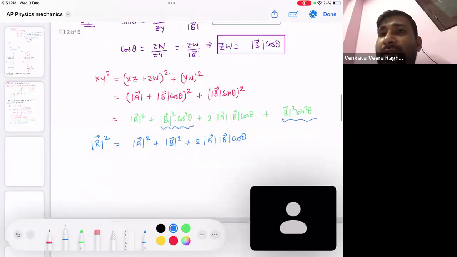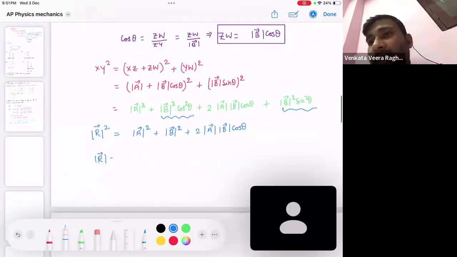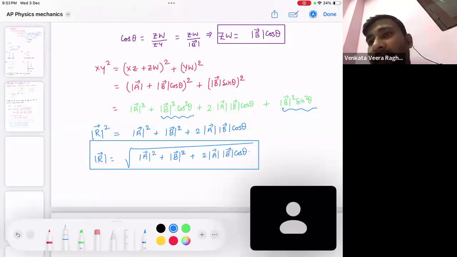So what is the magnitude of the resultant? Mod A squared plus mod B squared plus 2 times magnitude of A, magnitude of B into cos theta. This is the analytical form of the resultant of the two vectors.